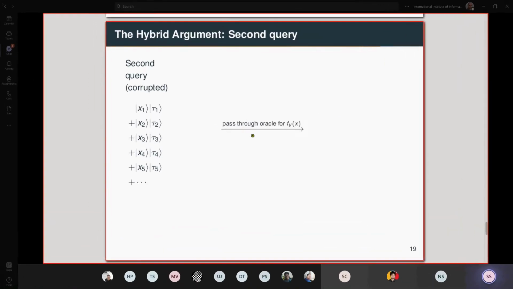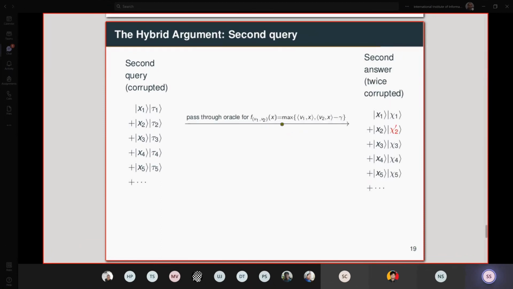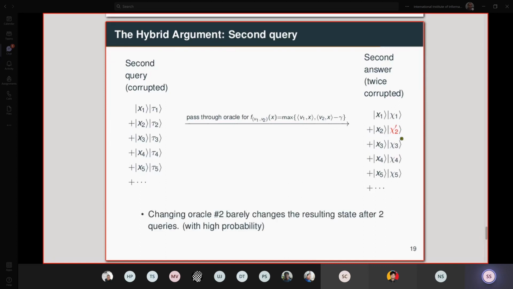In the second query, instead of actually giving you this oracle and these answers, I'll give you the answer of v1 inner product x and v2 inner product x minus gamma. We know with high probability in our second query, this answer is the same as fv of x. Maybe there are some small locations where it changes, but again, that's with really small probability.